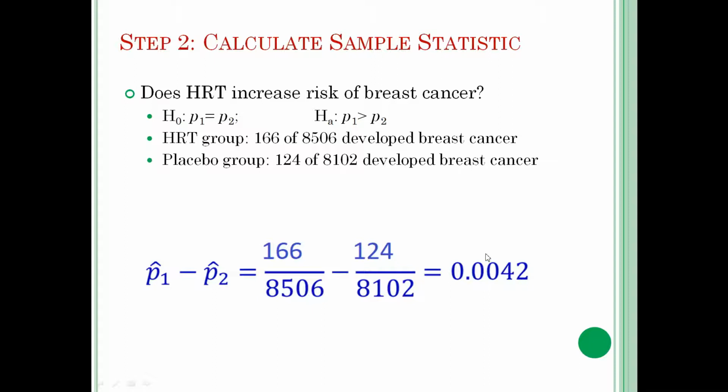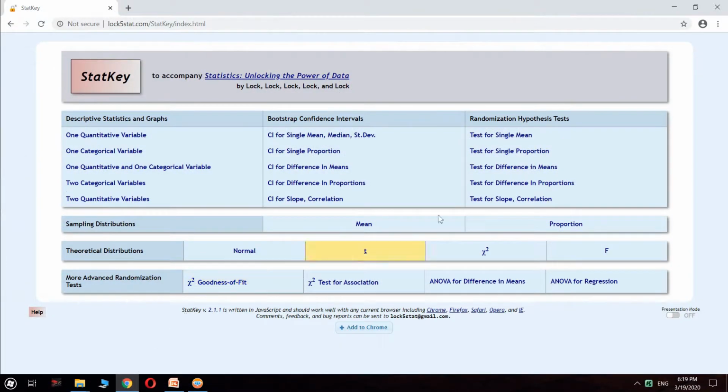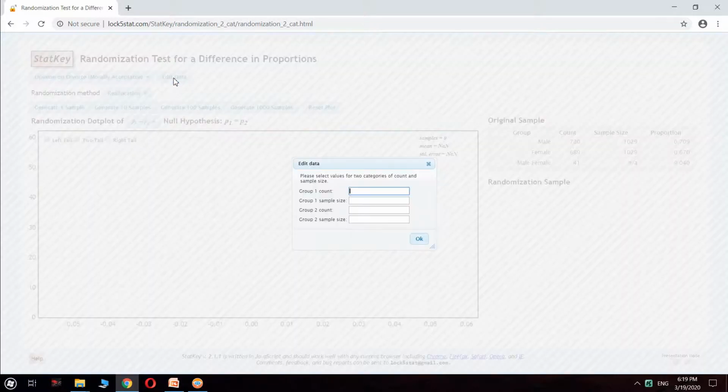Now step 3 is finding the p-value, and as I said, to find the p-value you need to go to StatKey. So you'll go into the randomization hypothesis testing, right, and you will pick the one that goes with what you are looking for. So this is difference in proportions, so I need to edit my data.